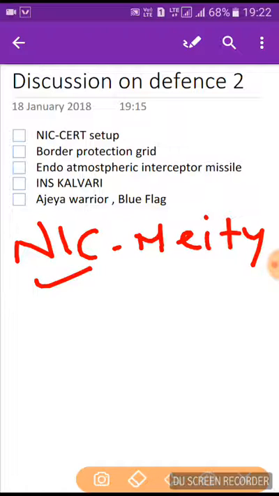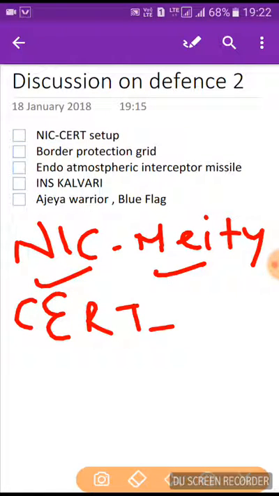And what is CERT? Computer Emergency Response Team is a national nodal agency, also under MeitY, the Ministry of Electronics and IT.